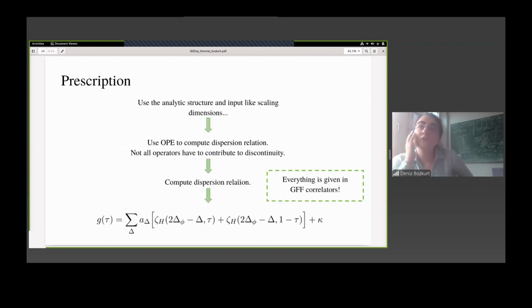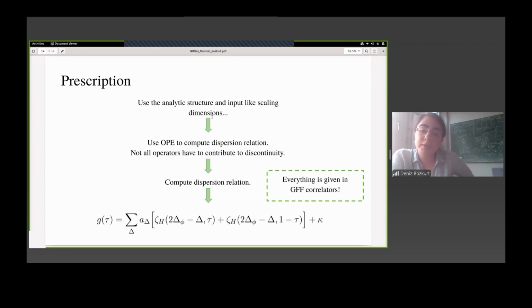And okay, before going on to the other examples, I can maybe quickly summarize what the prescription was for obtaining the thermal 2-point function. First of all, we insert what should be the analytic structure of this correlator. And we should also specify the spectrum and the scaling dimensions of the operators.